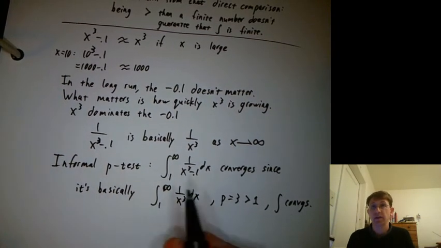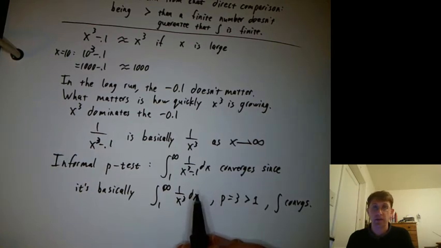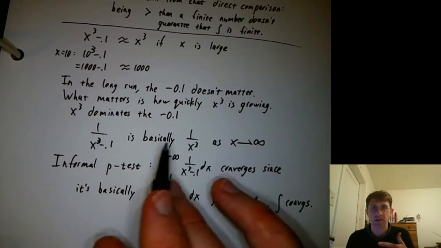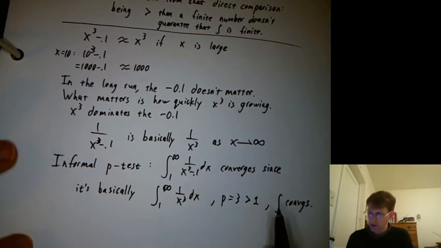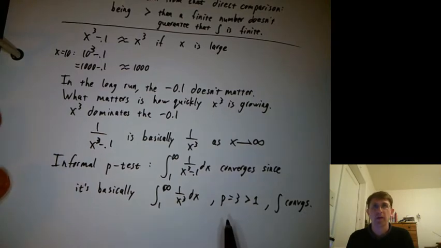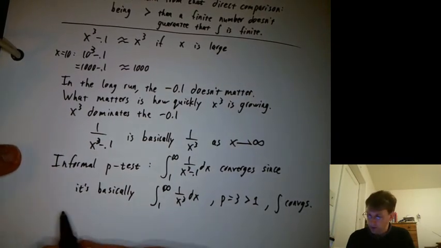So I would say that's an informal p-test. It's perfectly good reasoning, as long as we don't have exponentials in there, like e to the x. As long as it's all powers, we're pretty good. You can still do stuff like that with exponentials, but you have to be more careful. So that's an informal p-test.